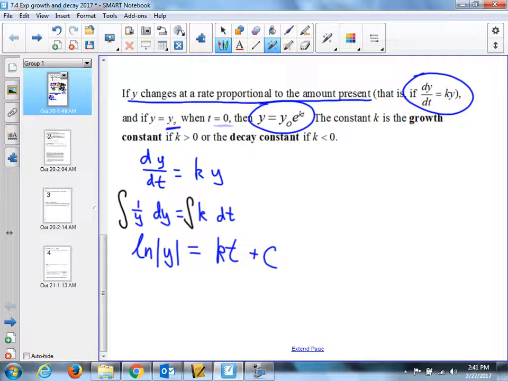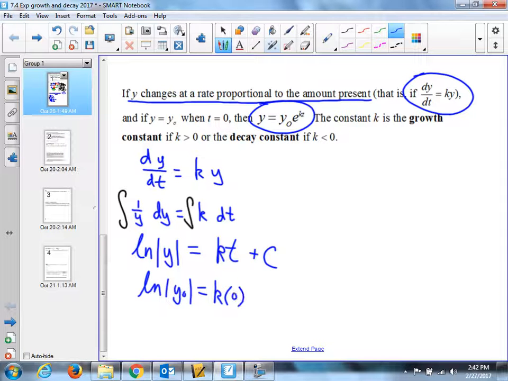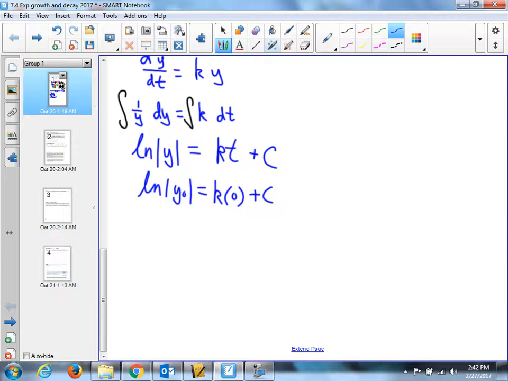So the natural log of y of 0 equals k times t, so k times 0, I'll put that in here. So what is the constant, obviously, then? The constant is equal to the natural log of whatever value you have there.